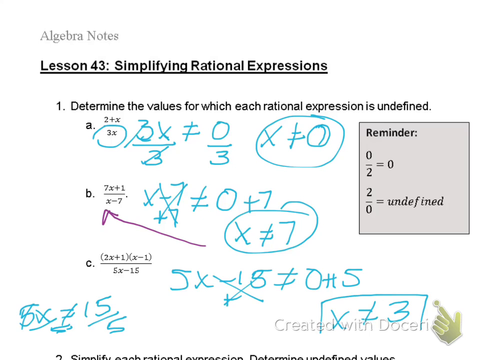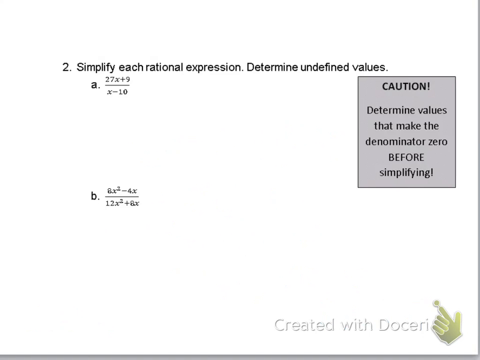Moving on to a couple more examples here. We're going to simplify the expression first and then determine the undefined values. So to simplify, what you want to do is pull out the greatest common factor for the numerator and denominator. So the greatest common factor in the numerator for 27x plus 9 is 9.